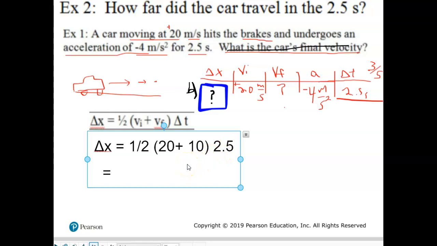So our answer here is a positive 37.5 meters, positive because it's moving to the right, which makes sense. And again, you could track this and try to figure out if that is a good amount of distance, and it seems reasonable. Okay, so we're going to practice 2 more of these and get through them.